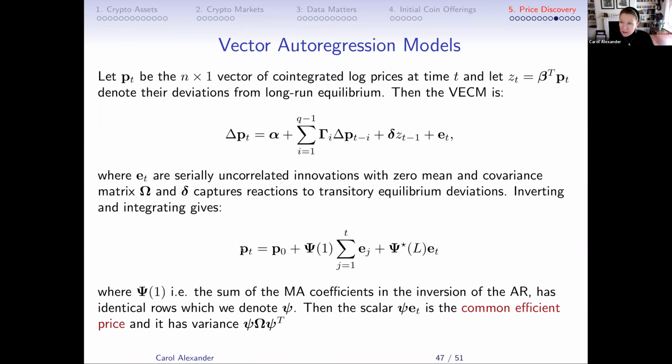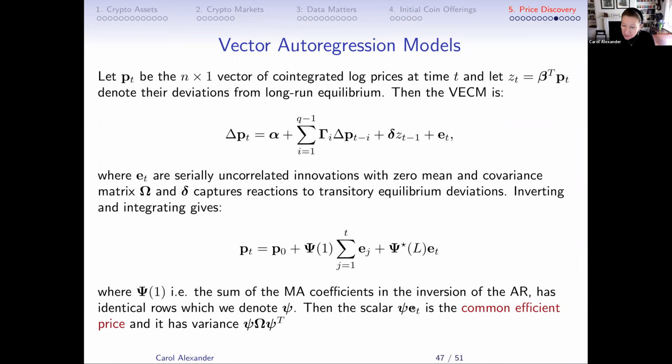The price on BitMEX at time t is equal to its price at the beginning of the day plus a common price, the same phi times the sum of all the previous innovations. And that is a common term for each of the equations in this vector autoregression. So this is called the common efficient price, all right?